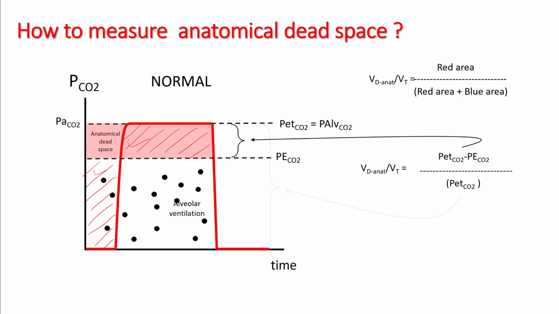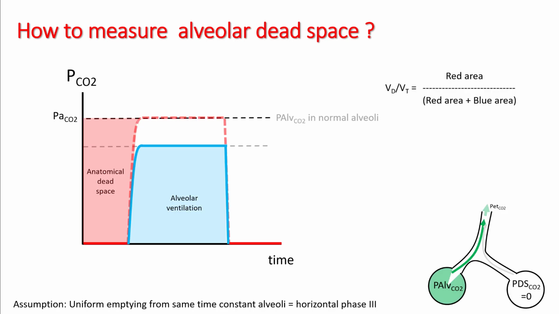If you are dealing with alveolar dead space, here we are assuming there is uniform emptying and the time constant of alveoli is the same. So you will get a horizontal phase 3. Your area in the dark red will represent alveolar dead space. Here this horizontal line will measure up to P end tidal CO2, which will be equal to mean P alveolar CO2.